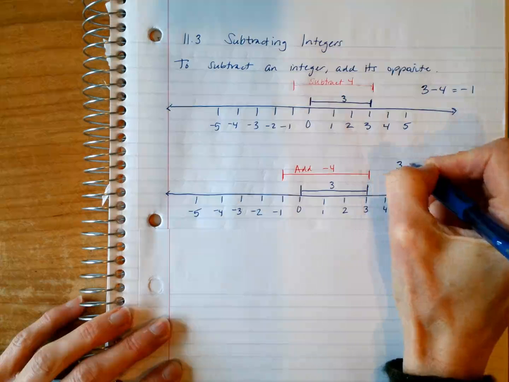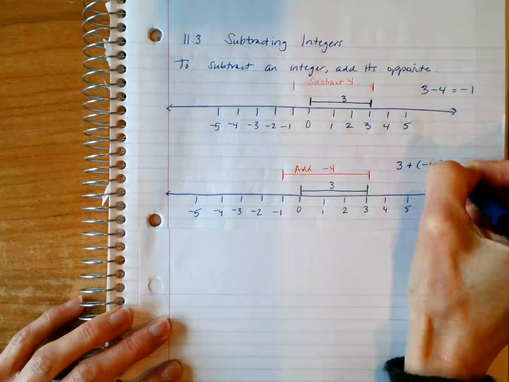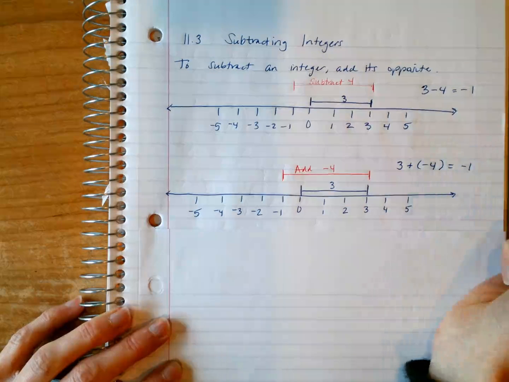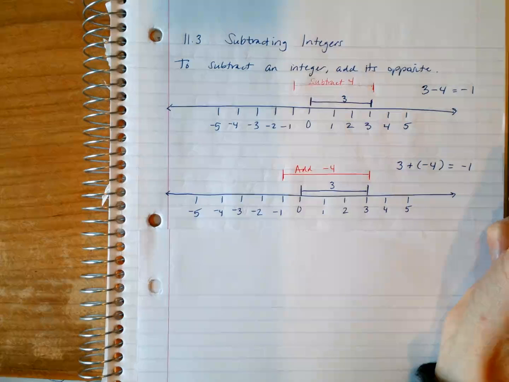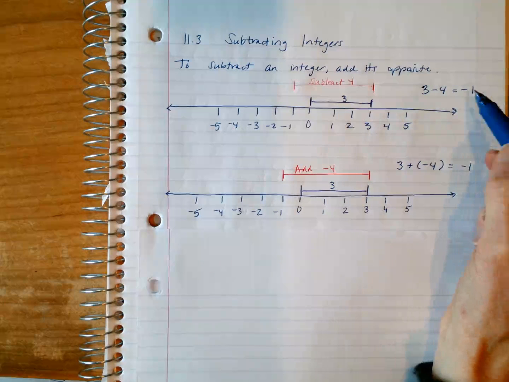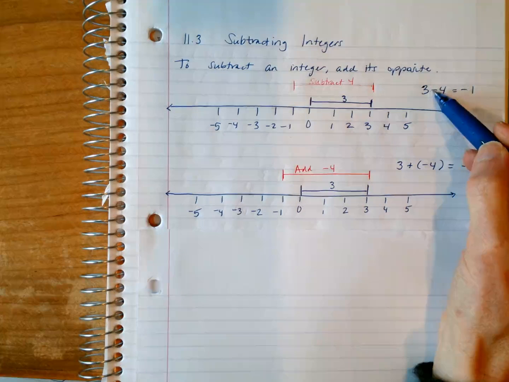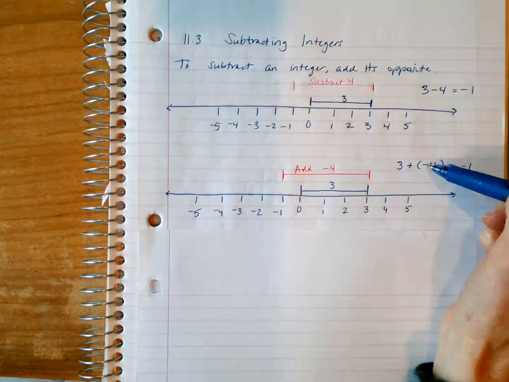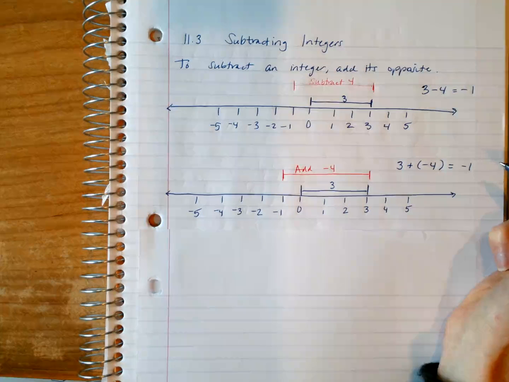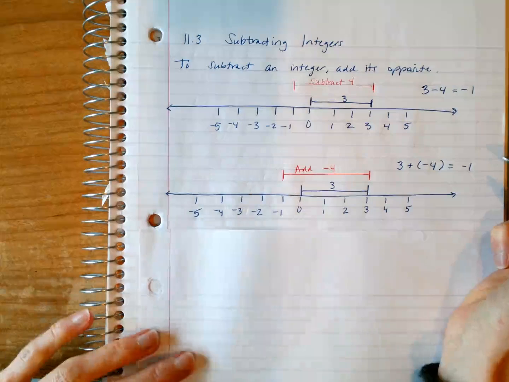And that equation would look like that. So we are going to end up with the same result, whether you think of it as taking away 4 or adding its opposite of -4. If you put it on the number line, I know it takes more time, but if you're a visual learner, it might help you make sense of the process of adding something's opposite.